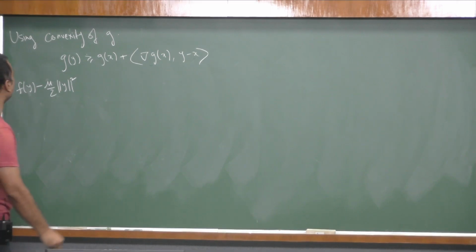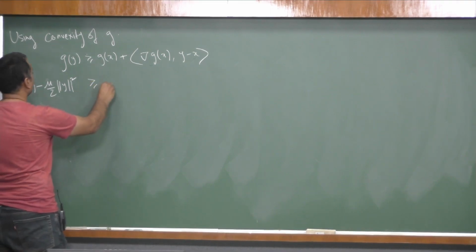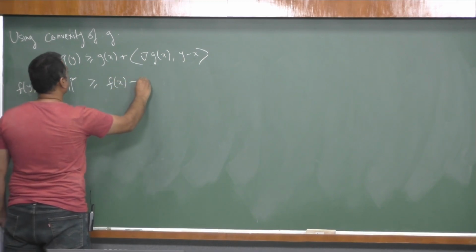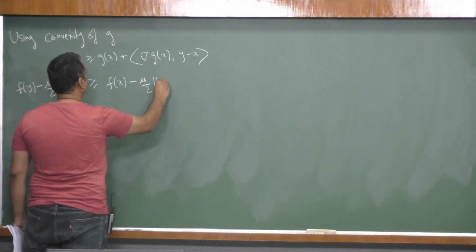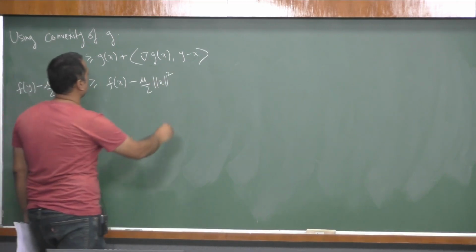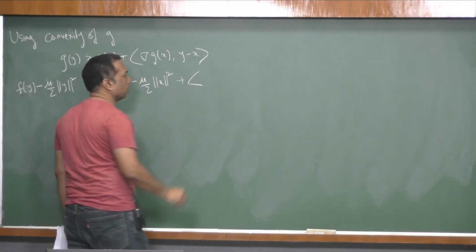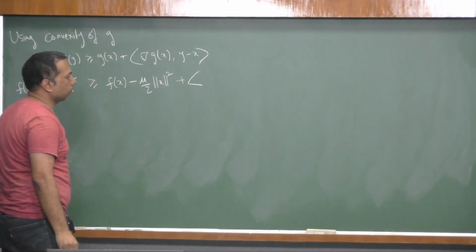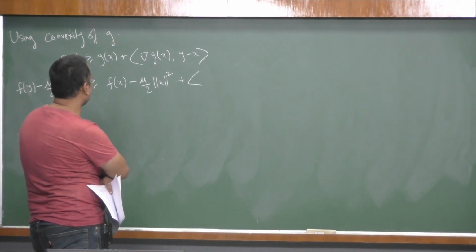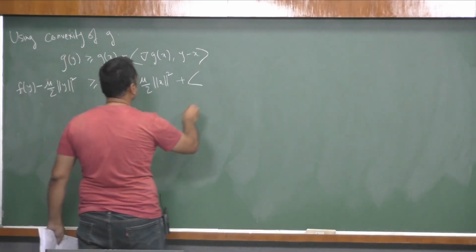and then this must be greater than or equal to f x minus mu by 2 norm x squared, plus the gradient, which we also know in terms of f. So, the gradient of G is gradient of f minus mu x.